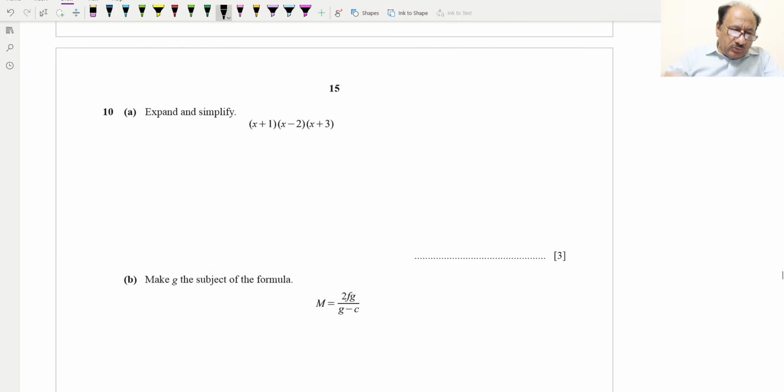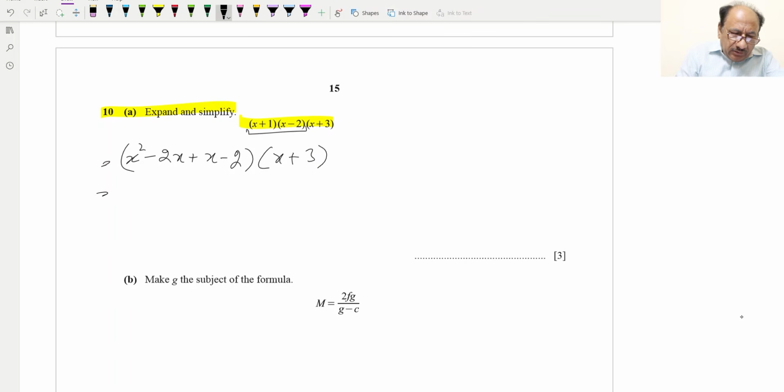Now we can move to question number 10, which is basically expand and simplify an algebraic expression. This is easy, straightforward. We will multiply these two first. It will be x squared minus 2x plus x minus 2, and then we add the like terms first, so this will be x squared minus x minus 2, and x plus 3.